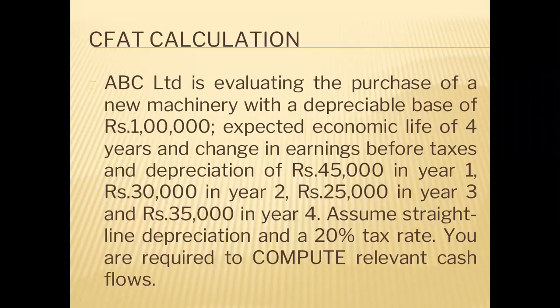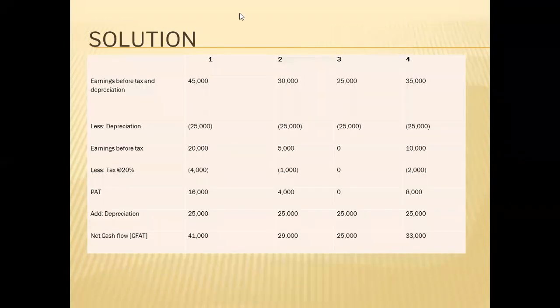See, what is the life of this machine? So 4 years. So we will have to calculate the cash flow after tax for each of the 4 years. How will we calculate? You can easily calculate by a tabular method. See how we will calculate, particulars, year 1, 2, 3, 4.